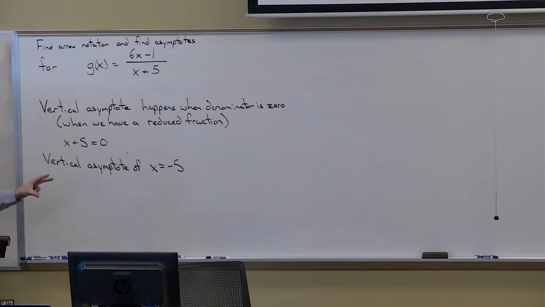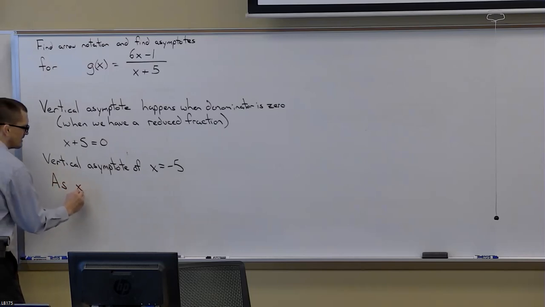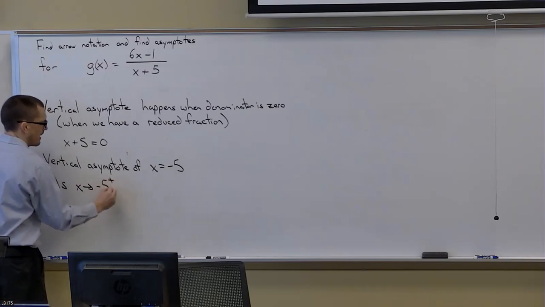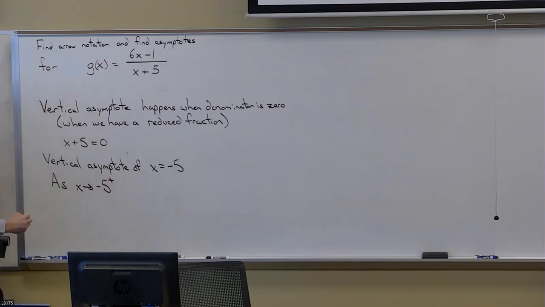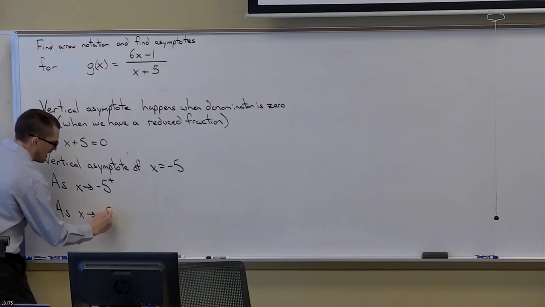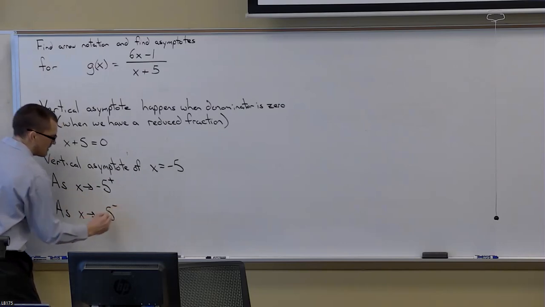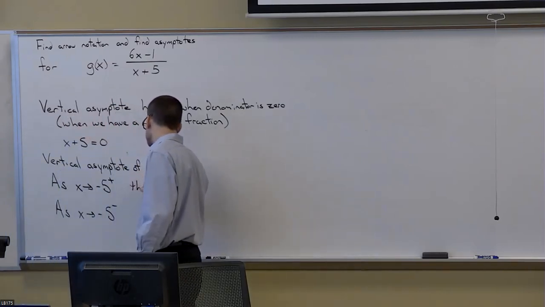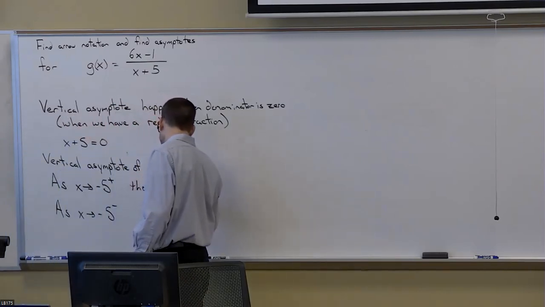Now let's use the arrow notation around -5. In particular, as x goes to -5 and the numbers are bigger than -5, what's going to happen? As x goes to -5 and numbers are smaller than -5, what's going to happen to my function?